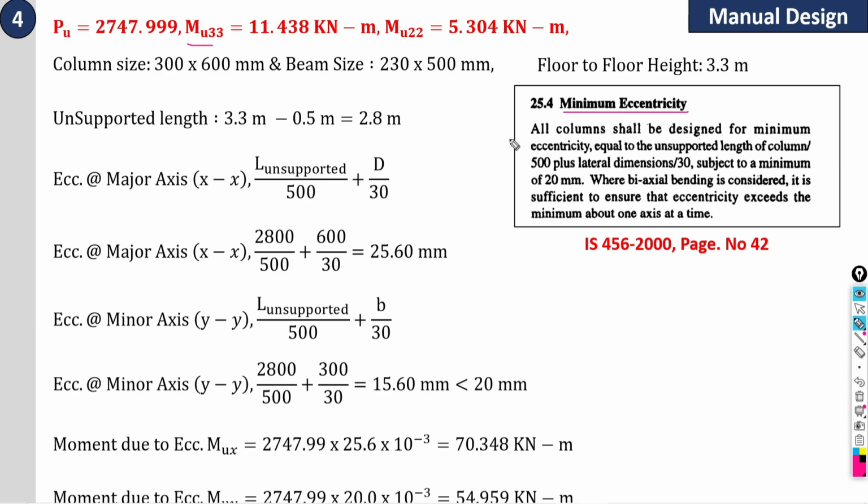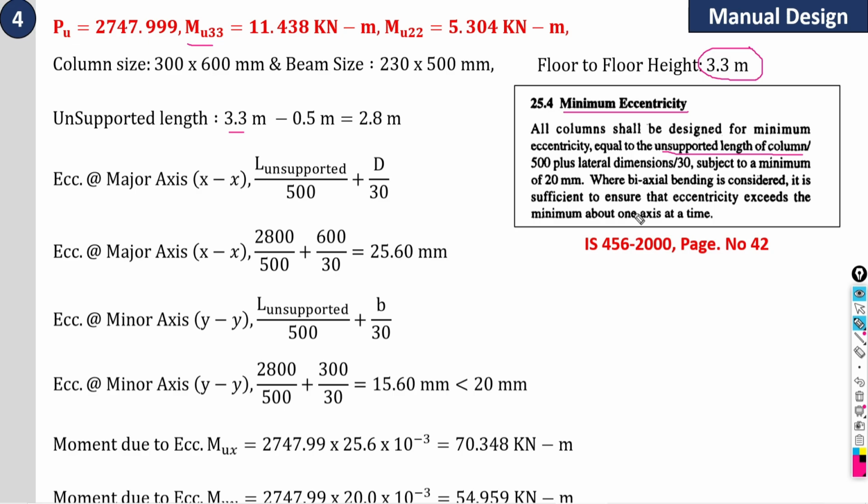It is given in IS 456 2000, page number 42. Why are we going to calculate the unsupported length? Because to calculate the minimum eccentricity, the IS code asks to consider the unsupported length of your column, and this is the floor to floor height of your column.